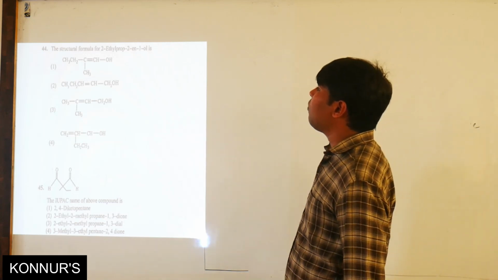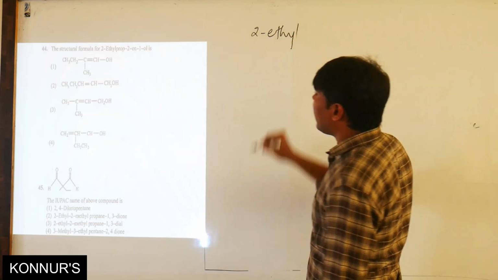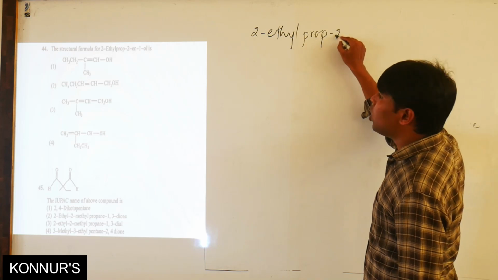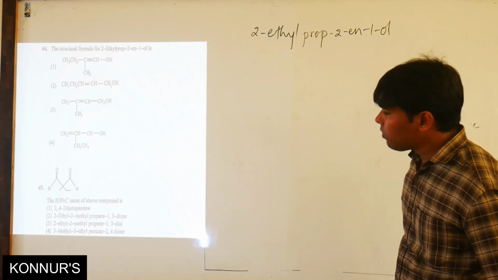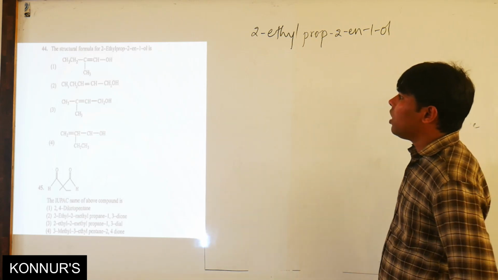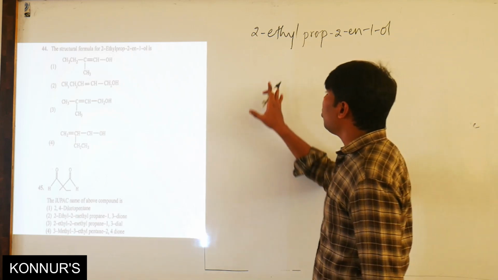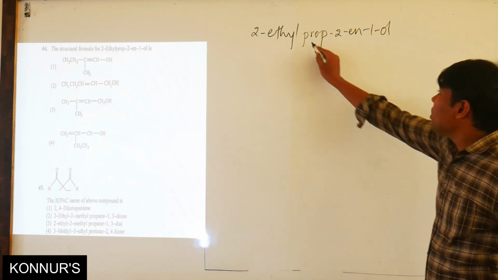Here is the structural formula of 2-ethylprop-2-en-1-ol. Here they have given the name of the compound, and we need to look at its structural formula. So what is the root word?